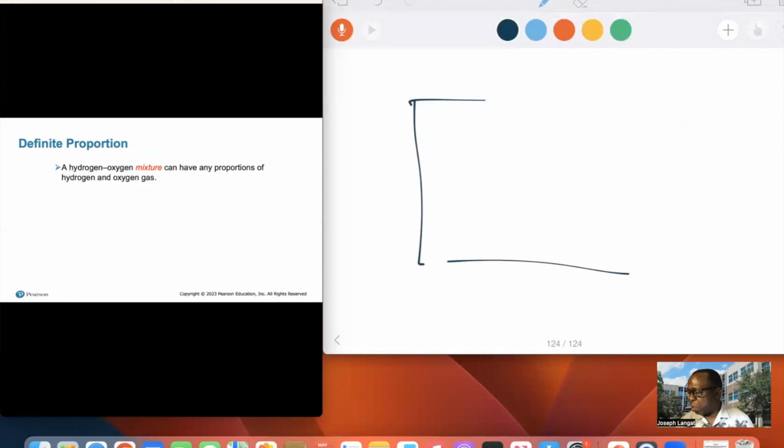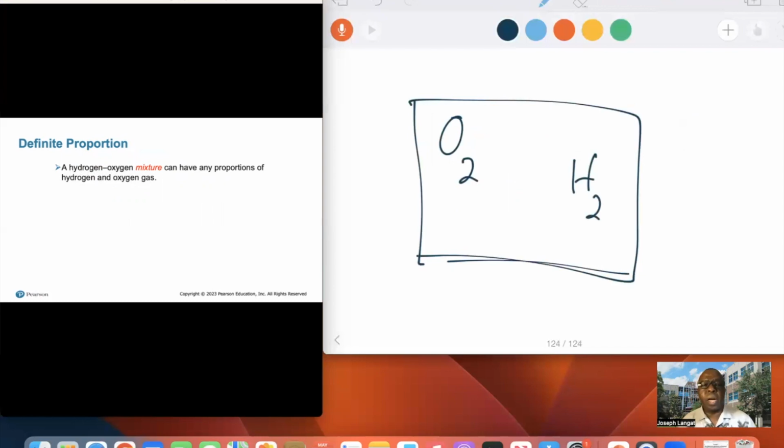Let's say in a closed container here, we have oxygen and hydrogen gas. The mixture here can have any proportion of hydrogen. That means indefinite. You can have a high percent of oxygen or a high percent of hydrogen in comparison to the molecule.